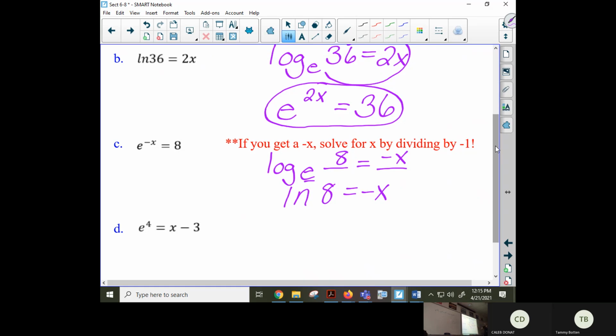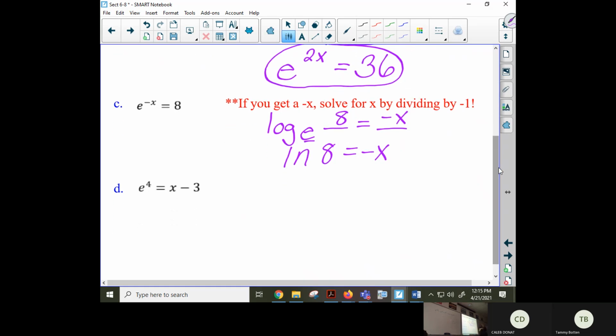Now this is not something I would mark wrong on a test, but when the book gets a negative x, they solve for that. So they divide by a negative 1, and they would write this as negative natural log of 8 equals x.